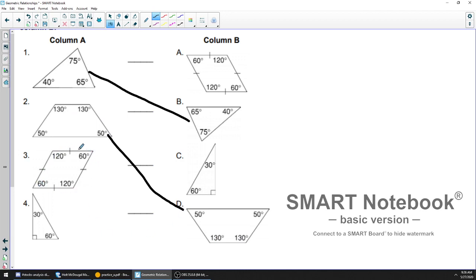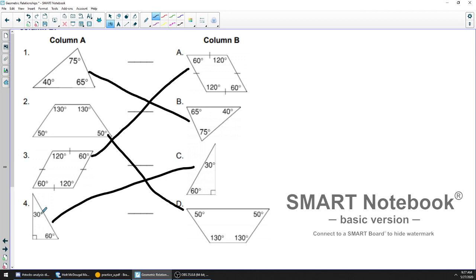This one is a rhombus. So I'm looking for a rhombus that has 120, 60, 120, 60. And I see that it matches over here. And the last one matches right here, 4 and C. They both have a right angle. They're both triangles.